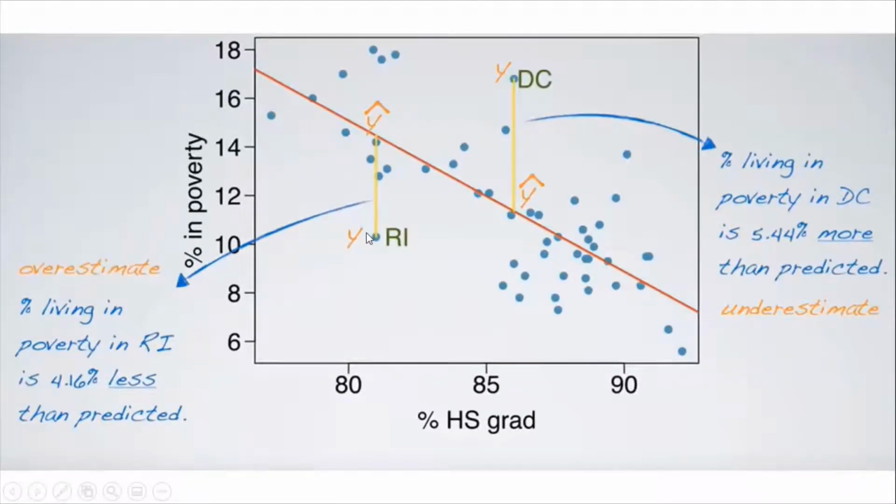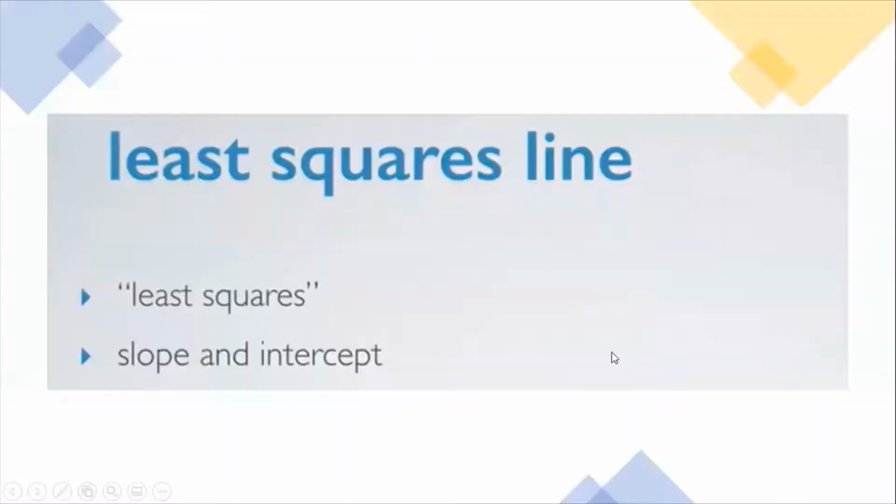So if our predicted value is greater than the observed value, we call it an overestimation, our prediction overestimated. And if the predicted value is less than the observed value, then we call it an underestimation. Anyway, that is not that important, but that is all about the residual.